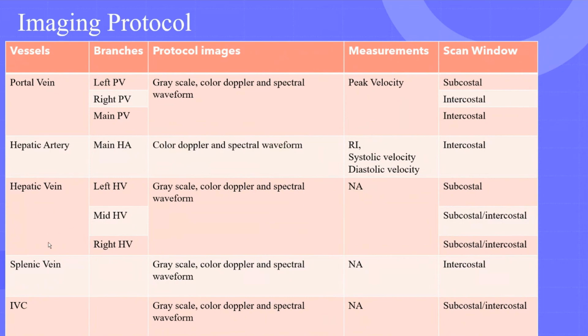The splenic vein and IVC will also be assessed. Grayscale, color Doppler and spectral waveform will all be taken. No measurement required. For the splenic vein, we normally use intercostal. For the IVC, both subcostal and intercostal, depending on patient conditions.